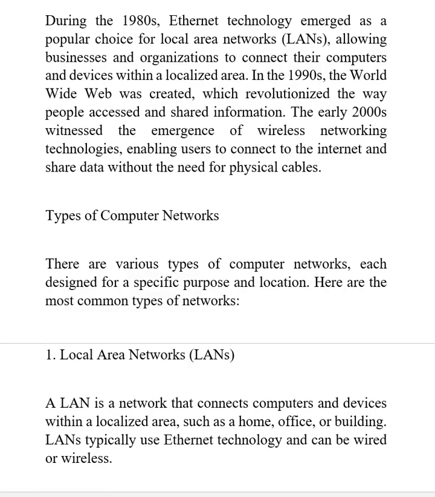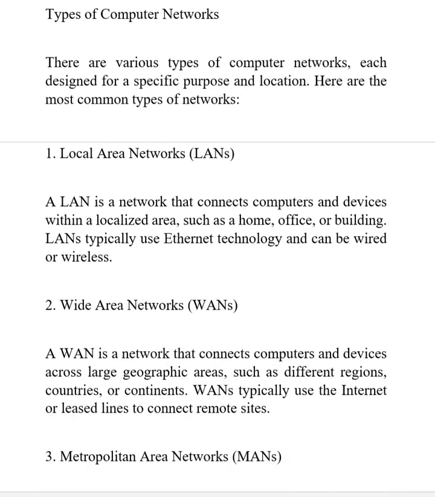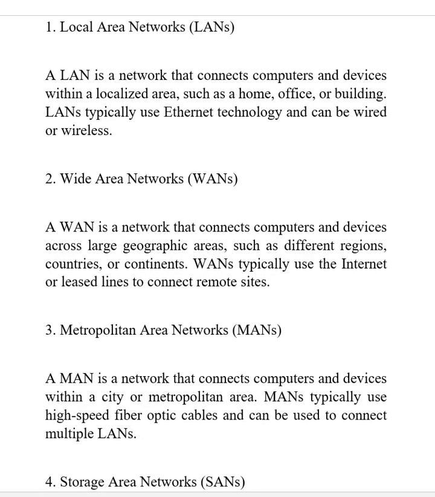Types of computer networks. There are various types of computer networks, each designed for a specific purpose and location. Here are the most common types of networks. 1. Local area networks, LANs. A LAN is a network that connects computers and devices within a localized area, such as a home, office, or building.